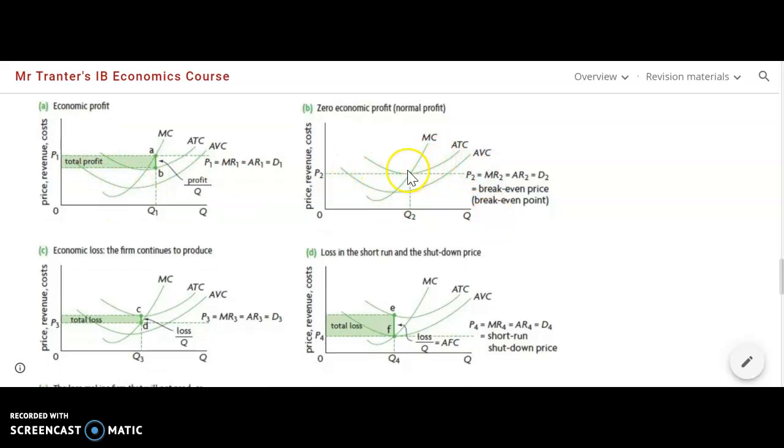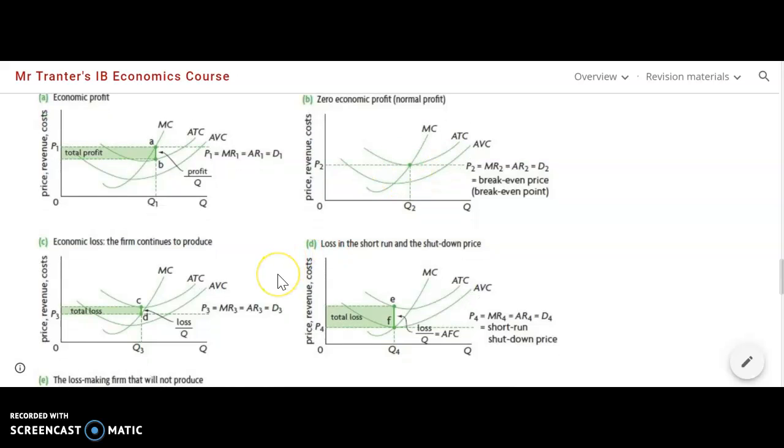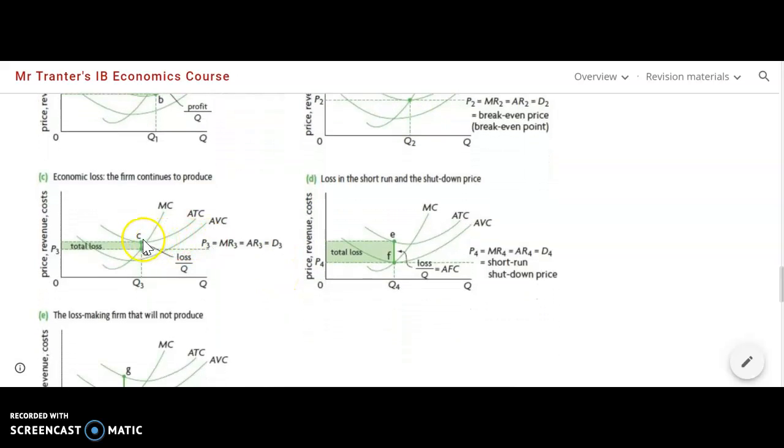On this one, where we operate at Q2, marginal cost MC is exactly equal to average total cost. Therefore, we're making 0 economic profit or normal profit. Here, where we're operating at Q3, our average total cost, C, is greater than our average revenue, D. Cost is greater than revenue, we're making a loss.